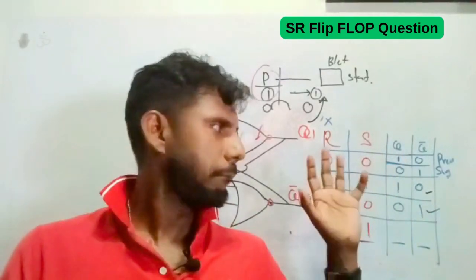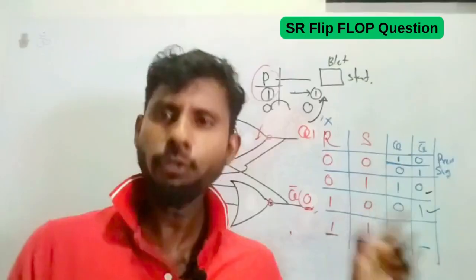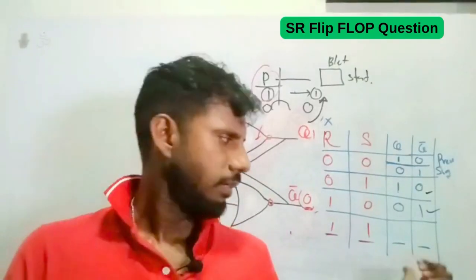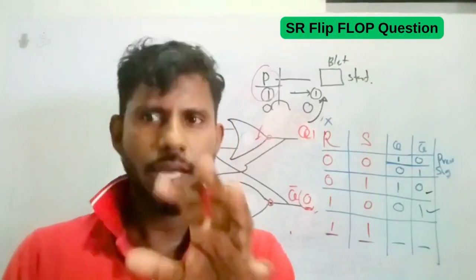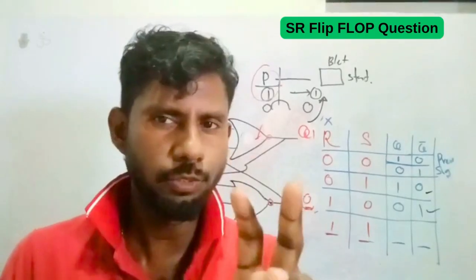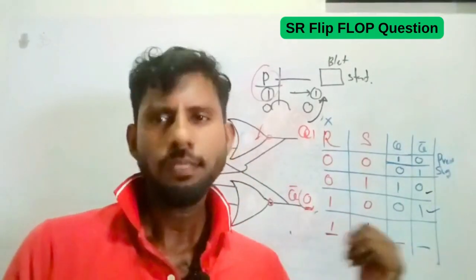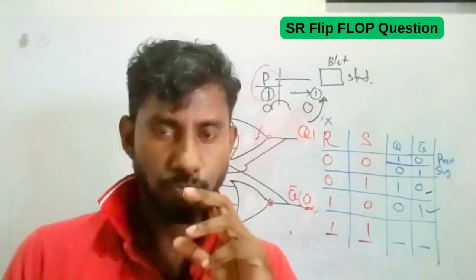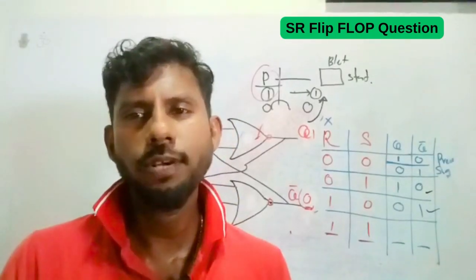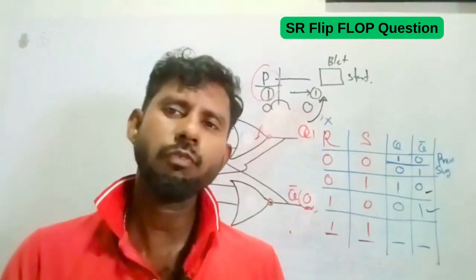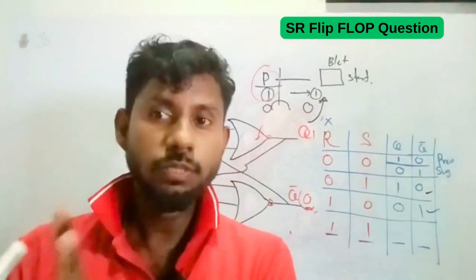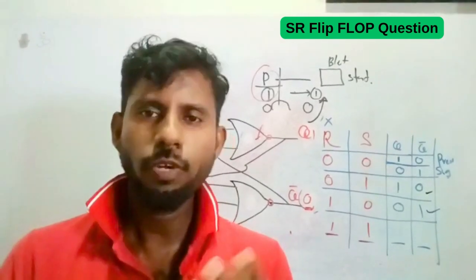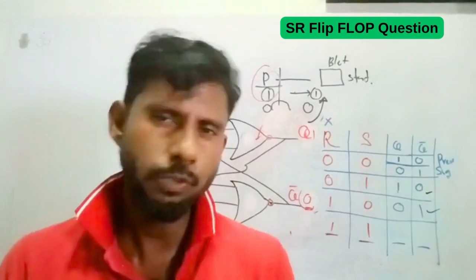So try to remember, you have to remember this truth table. Students, remember that. The SR flip-flop is not hard as long as you remember this truth table. So again, I'm telling you my advice always, keep practicing, students. Keep practicing and use the marking schemes with you when you are practicing essay papers for sure.